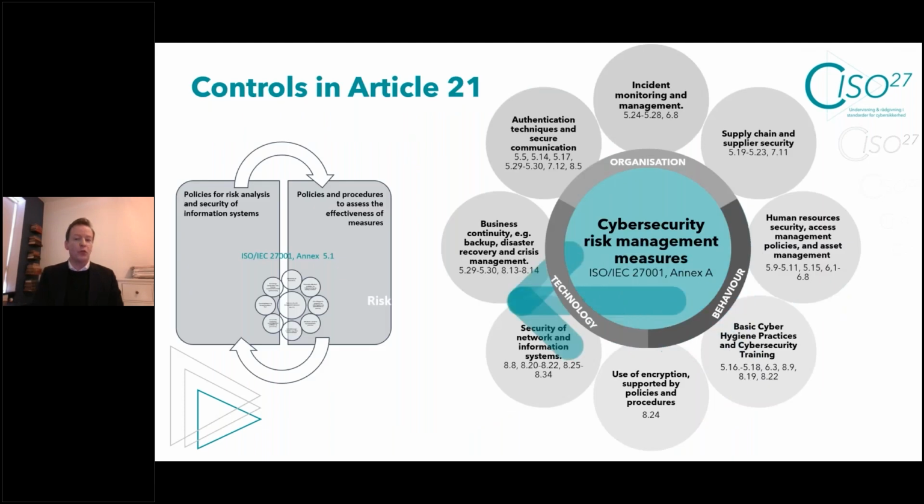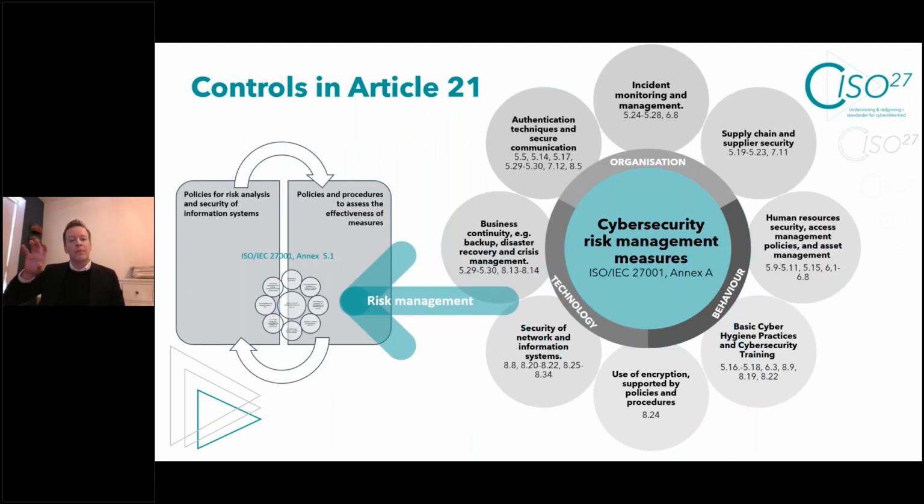What you will also have if you're working with 27,001 is a reflection on the same control areas that we found in Article 21. So if you're working with 27,001, you'll be pleased to know that there is a full overlap of what has been mentioned in Article 21 and the controls you will know as Annex A in 27,001. Now, what I've tried to do here is quite a complex slide, and it's difficult to work through all of it.